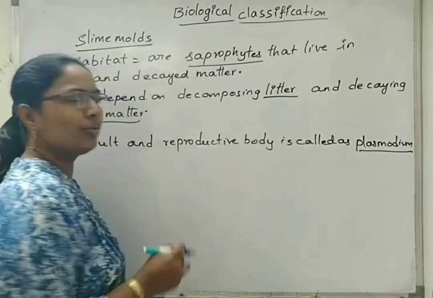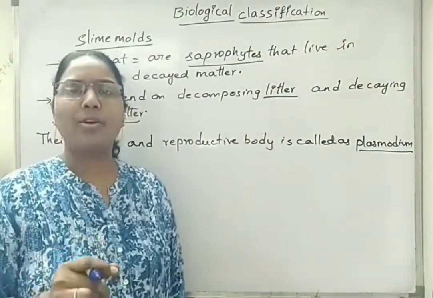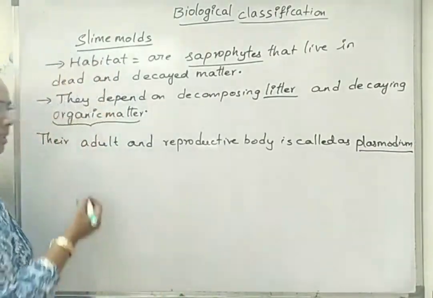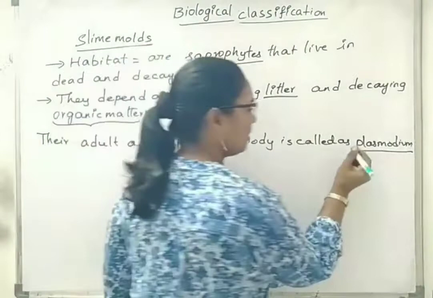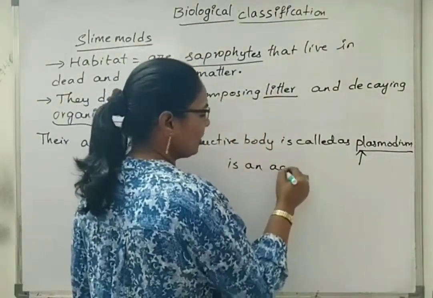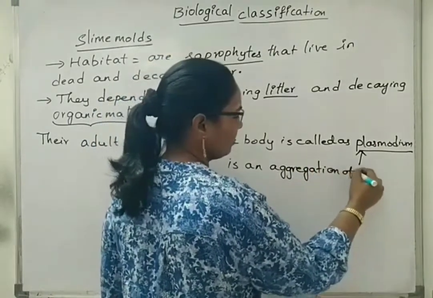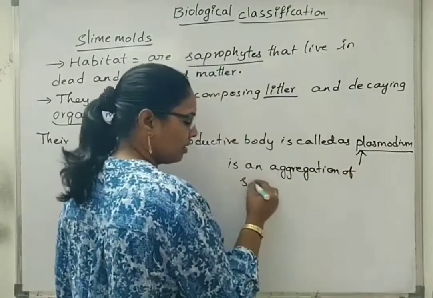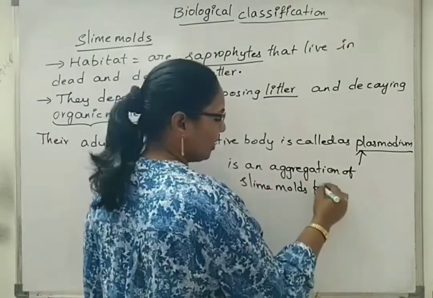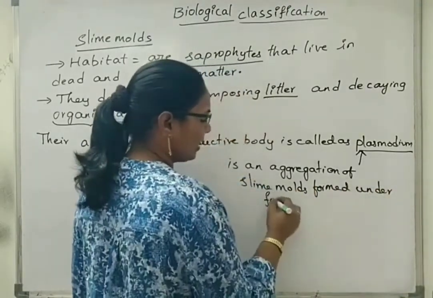Plasmodium we usually read about under protozoans, but here the adult body of slime molds is also called plasmodium. Now plasmodium is an aggregation of slime mold formed under favorable conditions.